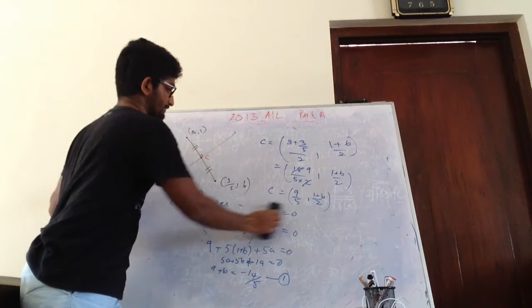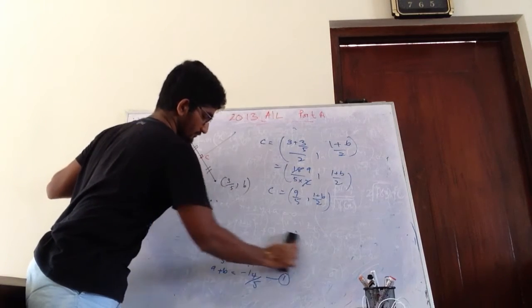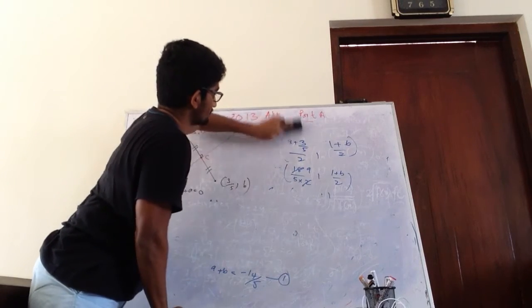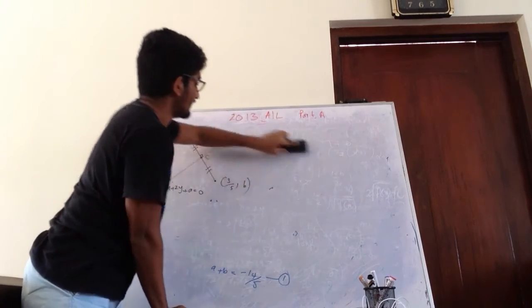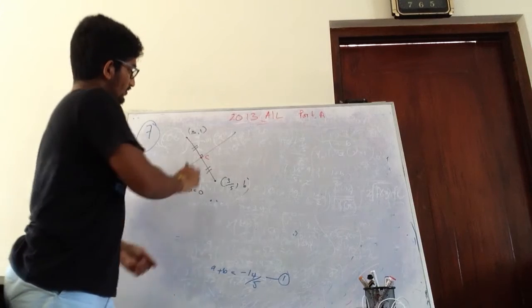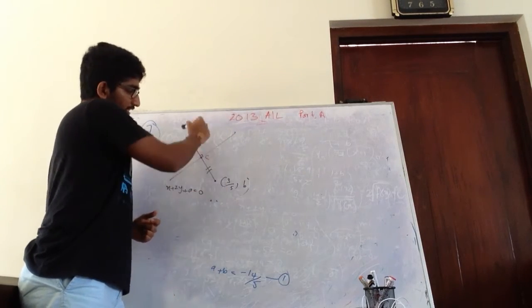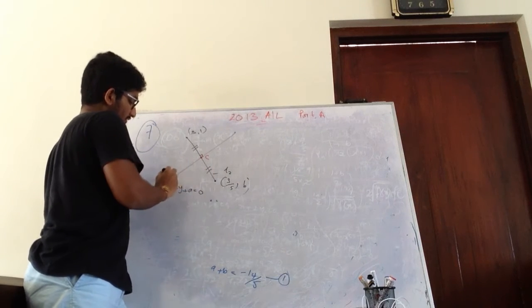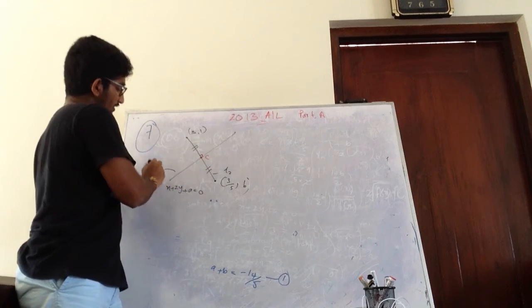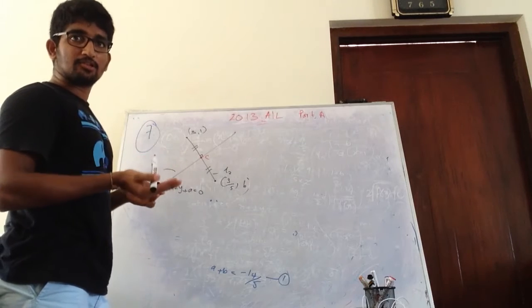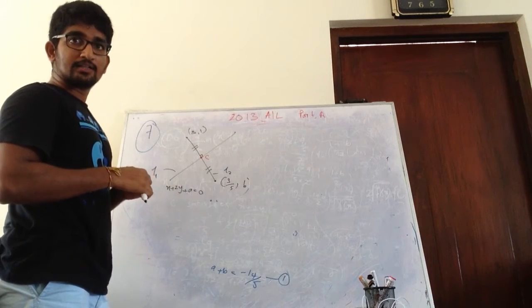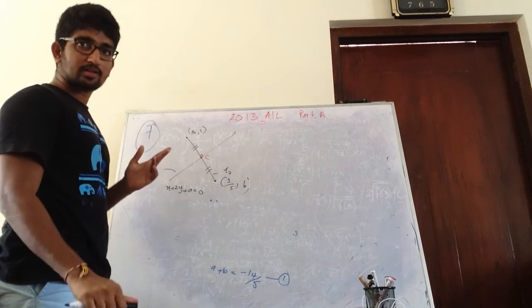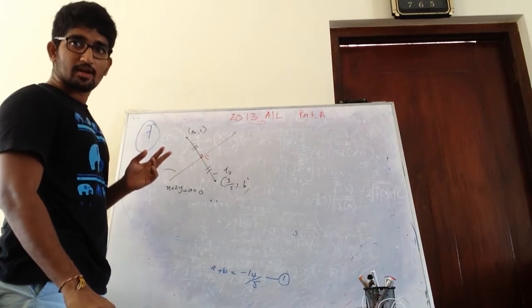Now, if you take this line, let's take this as L2, this as L1. Since these lines are perpendicular, if you multiply the gradients, it will become -1, right?